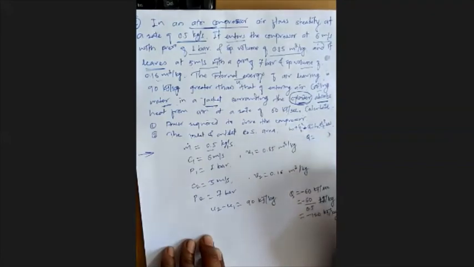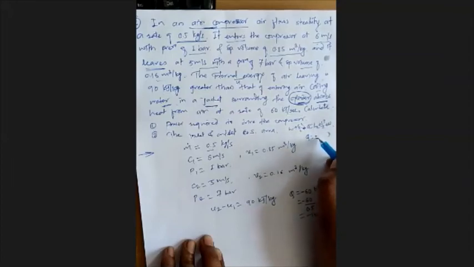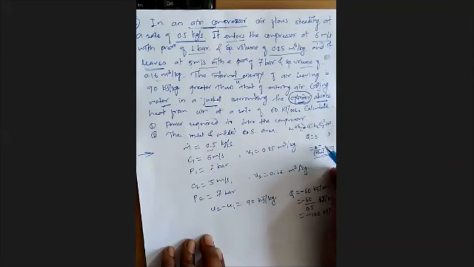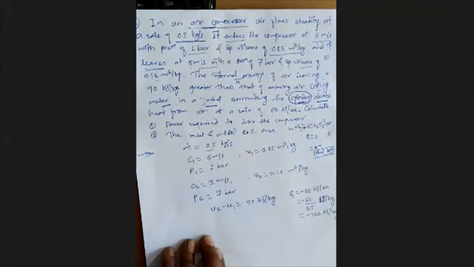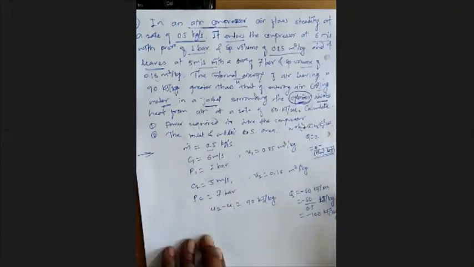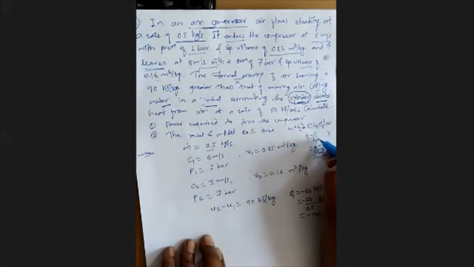On solving the equation, this q is going to be either plus or minus, right? You need not worry about this sign. If you are getting a minus sign, just write it as plus and mention that heat is lost by the system. And if you keep it negative itself, you don't need to mention this heat loss. Negative itself indicates that heat is lost by the system, or heat is going out of the system, right? So you need not worry about whether you are getting it plus or minus.